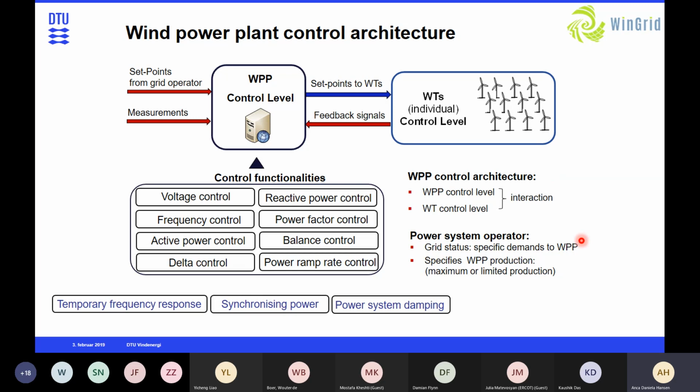And depending on the actual grid status, the system operator issues specific demands for the wind power plant, and it specifies which should be the production of the wind power plant at any time and in any conditions, namely either maximum production or curtail production according to different tasks, exactly as a conventional power plant.